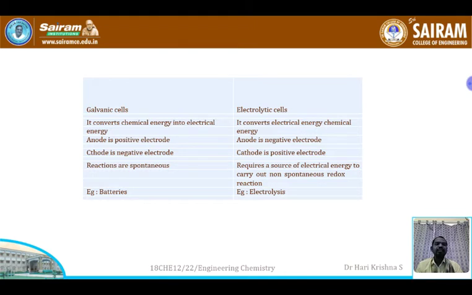So a battery is the best example for both galvanic cell and electrolytic cell. When you are withdrawing the power, it will act as a galvanic cell. When you are recharging, it will act as an electrolytic cell. So a battery will act both as a galvanic cell as well as an electrolytic cell.